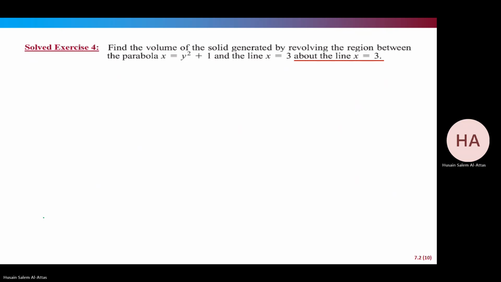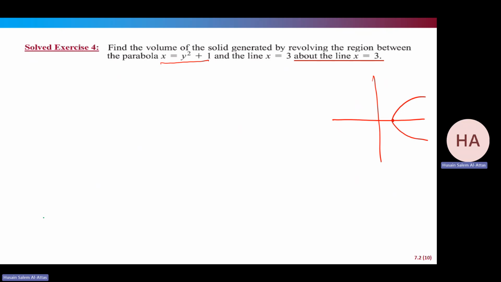Okay. Now we have what? This is x equal y squared plus 1. This is parabola, open to the right. Something like this.